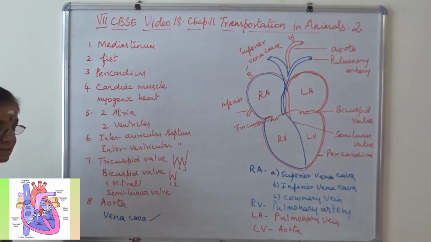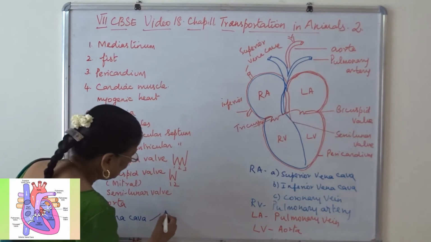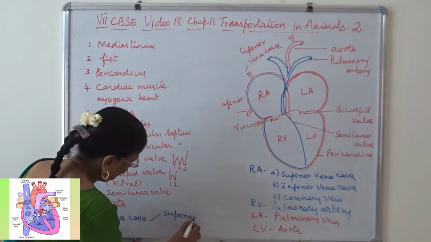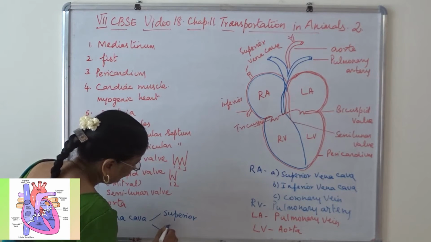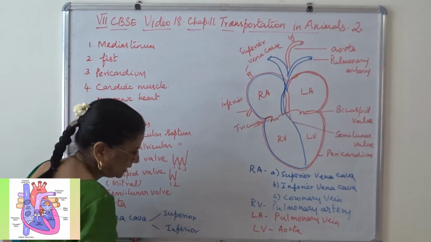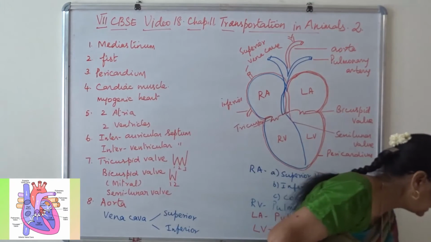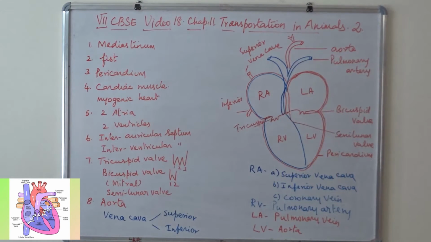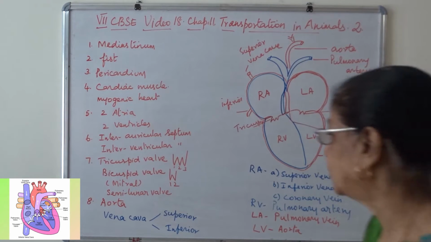The aorta supplies pure blood or oxygenated blood from the heart to various parts of the body.